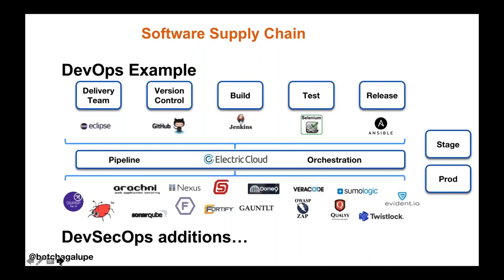The thing we're talking about here with DevSecOps is that it's common knowledge that in a mature DevOps, high-performing organization using DevOps patterns and practices, you'd expect something in every box: delivery team, version control, build, test, release. I don't care which product is in each box.